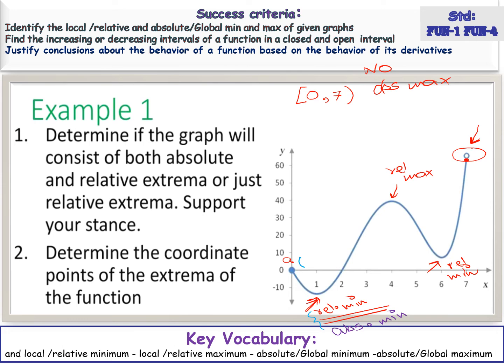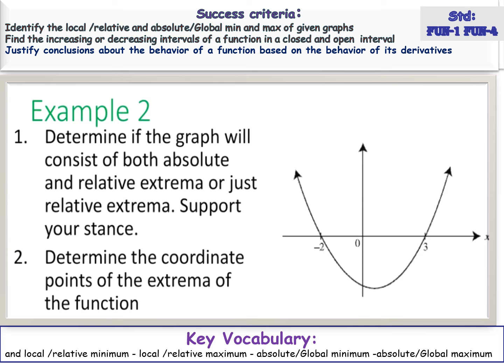We have the points like 1 and -10. Over here we can say this is 4 and 40. And over here relative minimum, it's 6 and about 10. So these are our points where we have the relative maximum and minimum.